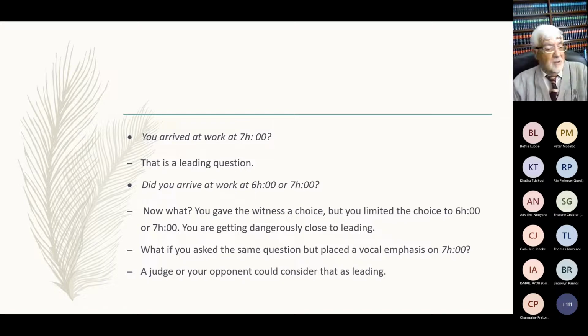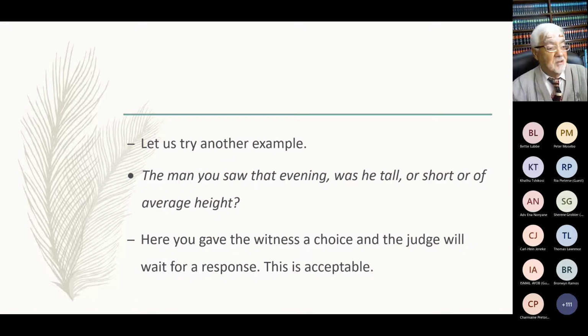Mr. Smith, did you arrive at work at 6 or 7? So you are suggesting with voice intonation that the answer you want is 7 o'clock. Now you are crossing the line. That will be a leading question.